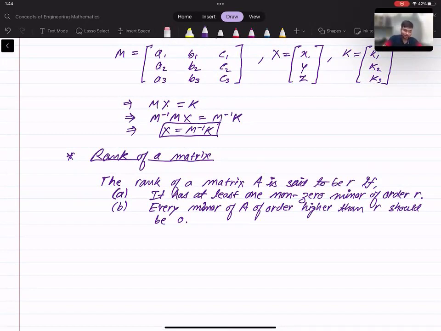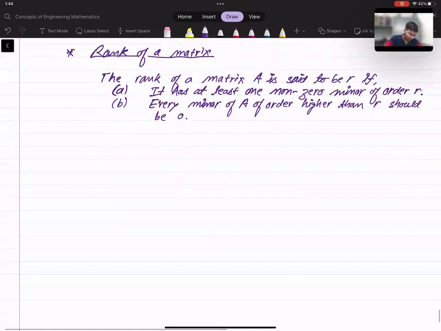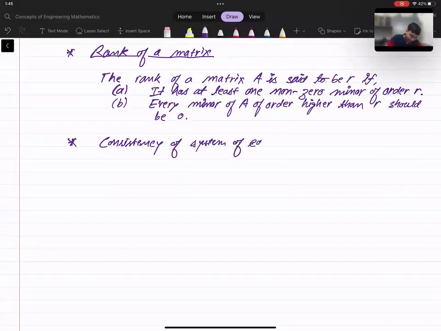Okay, so again we are talking about the consistency of system of equations. So there may be homogeneous as well as non-homogeneous systems of equations.